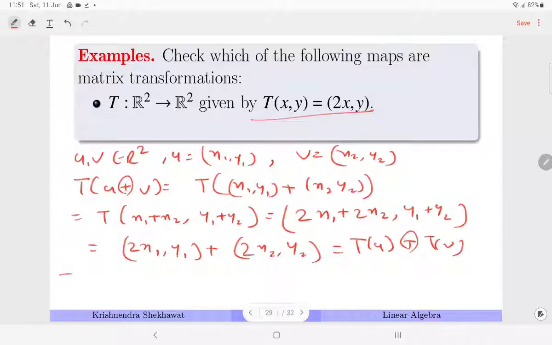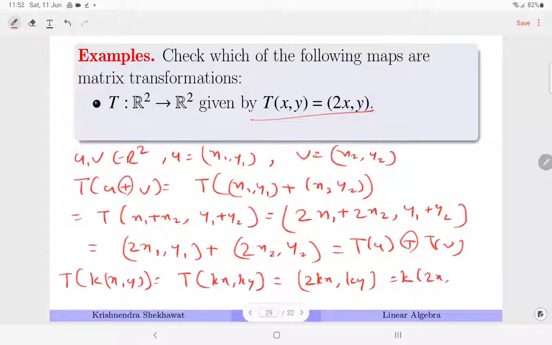Similarly, quickly we can show that T of k times (x, y) is T of (kx, ky), which is (2kx, ky), which is k times (2x, y), which is k times T of (x, y). So both the properties hold, and therefore it is a matrix transformation.